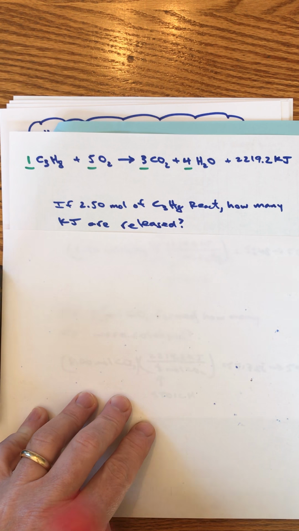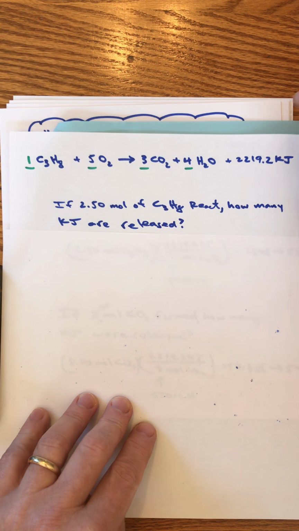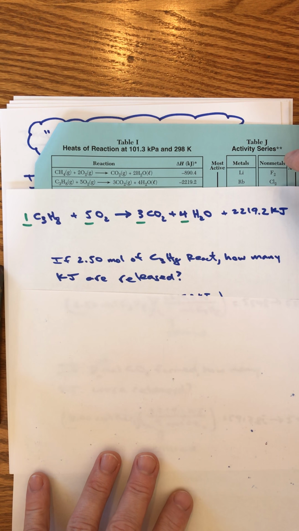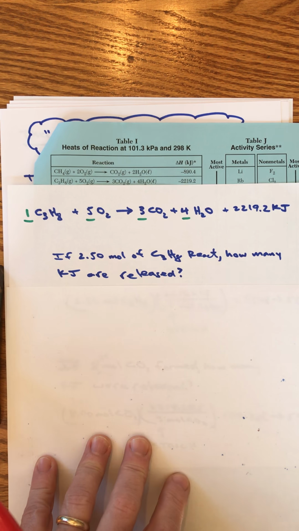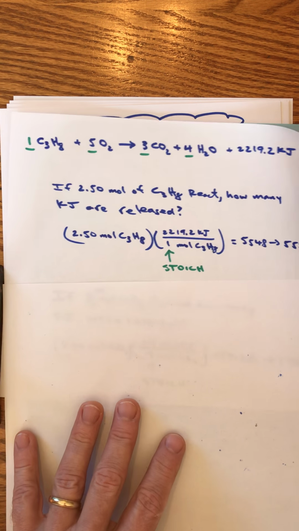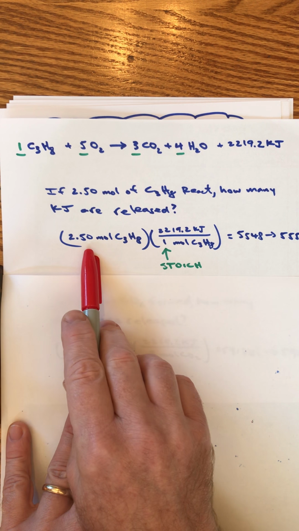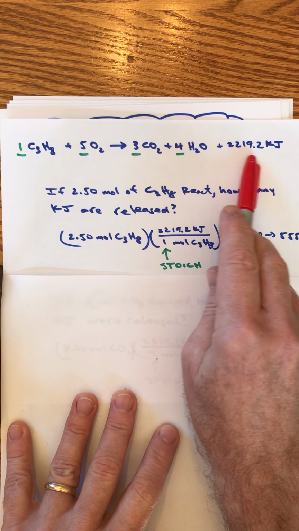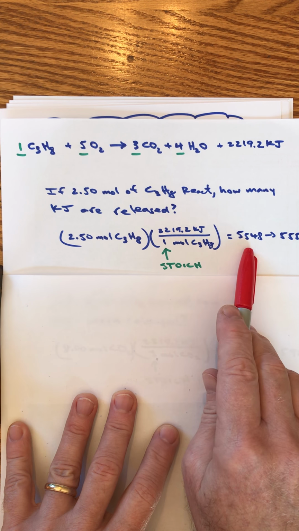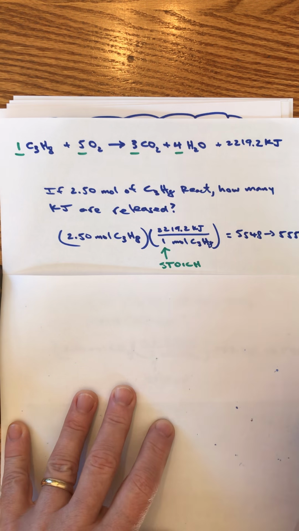How many kilojoules would you release? Mind you, delta H was negative on table I, so I just put the equation energy term on the right. I didn't put it in there as negative, I just said "and 2219 kilojoules." So stoic says, well, start with what you're given, 2.5 moles of propane. There's 1 mole of propane, it gave me 2219.2 kilojoules. Roughly 5550 kilojoules, 3 sig figs there.